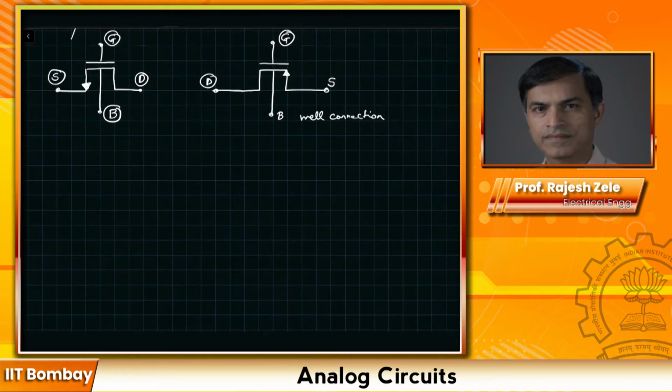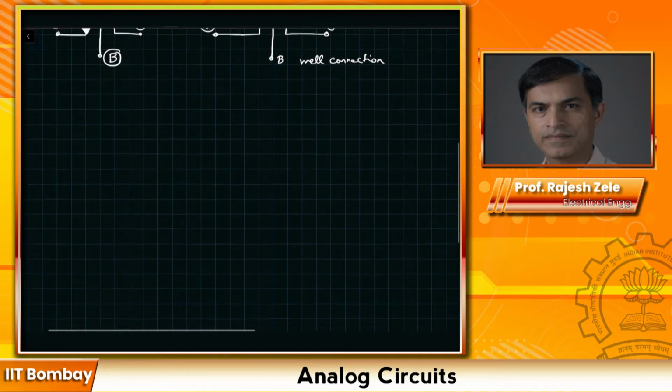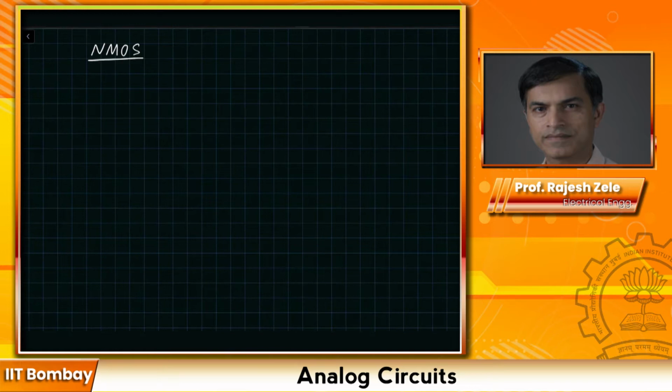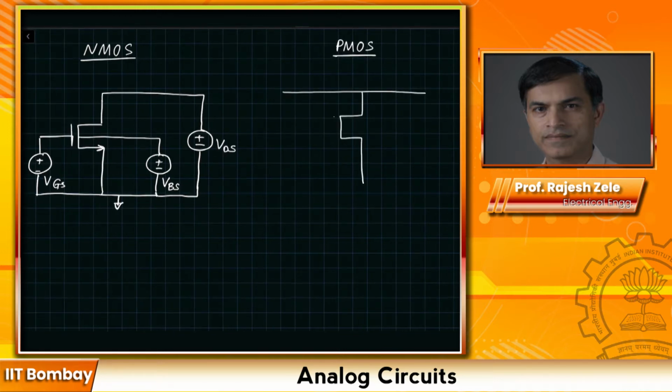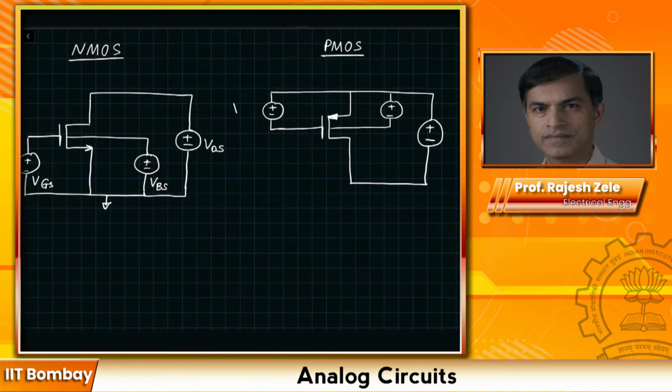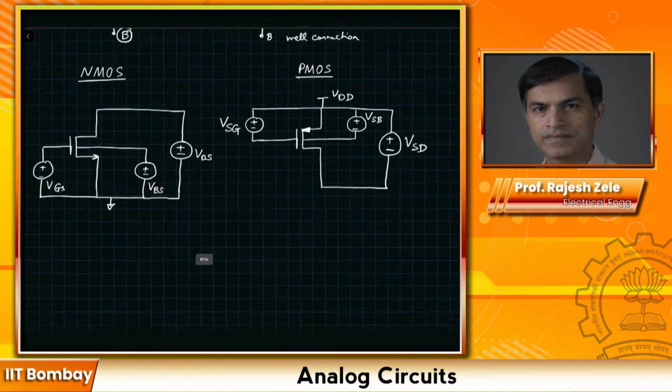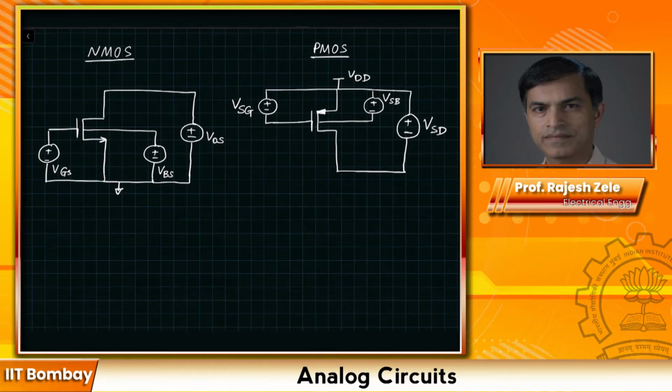So let's first draw how we are going to bias NMOS transistors once more, and we will draw the same for the PMOS transistor, and then we'll do the comparison. Okay, now let me describe the two diagrams to you.